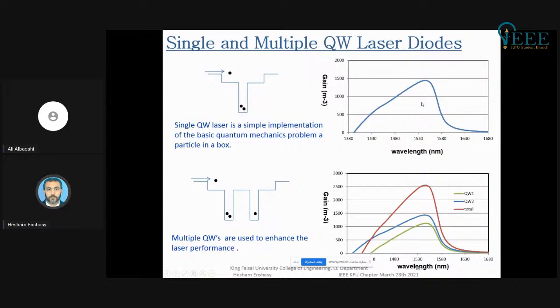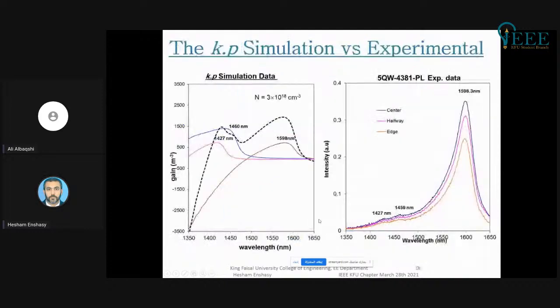So if we tune this laser, we can cover more wavelength than the first one. That's why people go for multiple quantum wells. In this structure, we used 5 quantum wells, and we got a very wide range of gain peak and gain profile. From there, we could tune this laser around a 100 nanometer range.